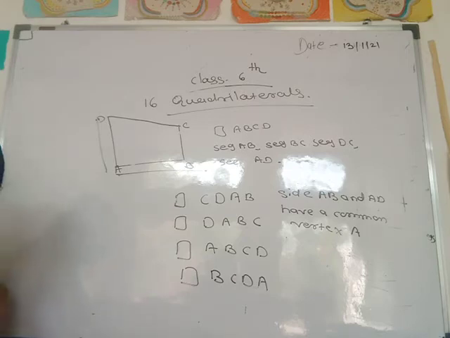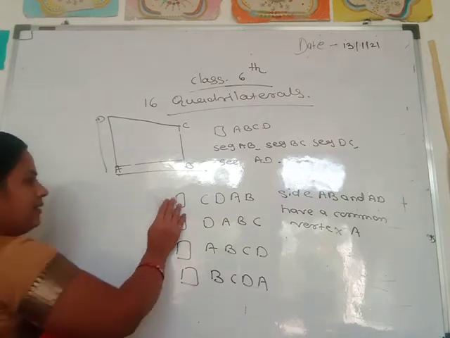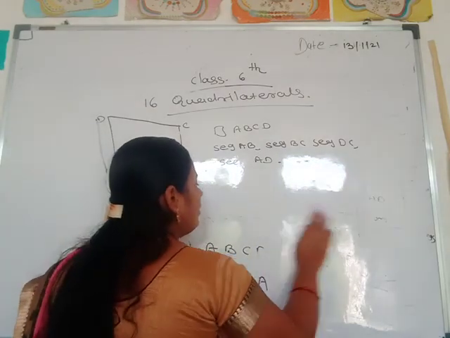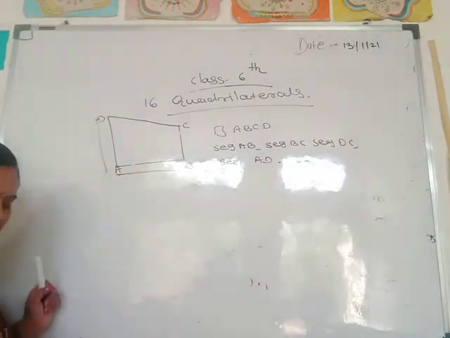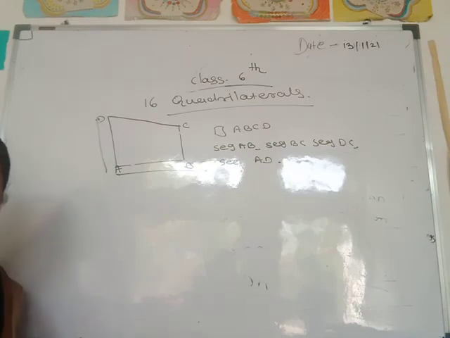Then the next point in this quadrilateral: opposite sides of a quadrilateral. What are the pairs of opposite sides of this quadrilateral ABCD?